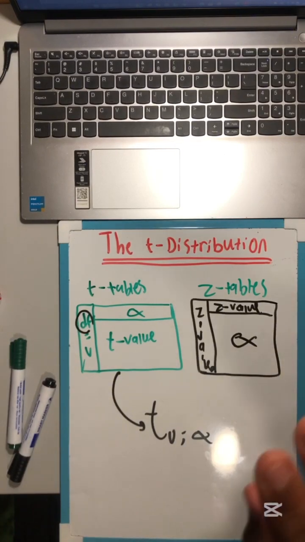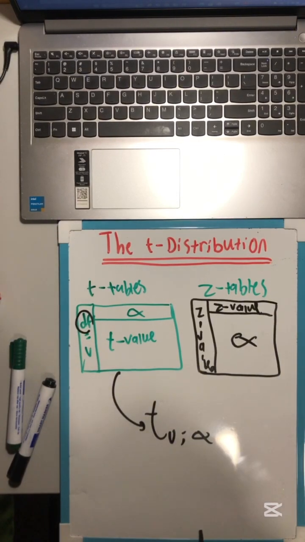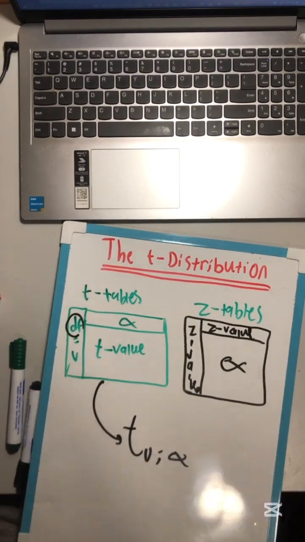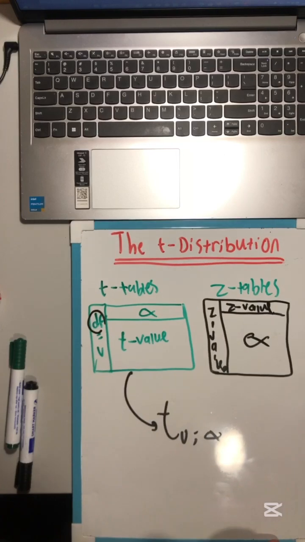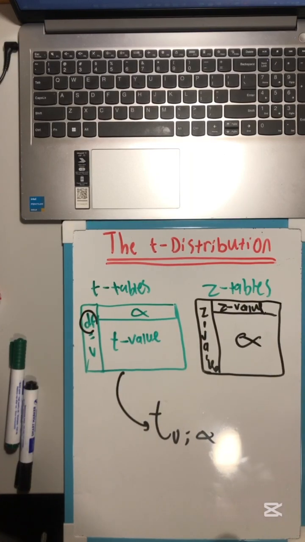One thing you may notice about our tables is that for the Z distribution, they only give us an area, normally an area in a probability.